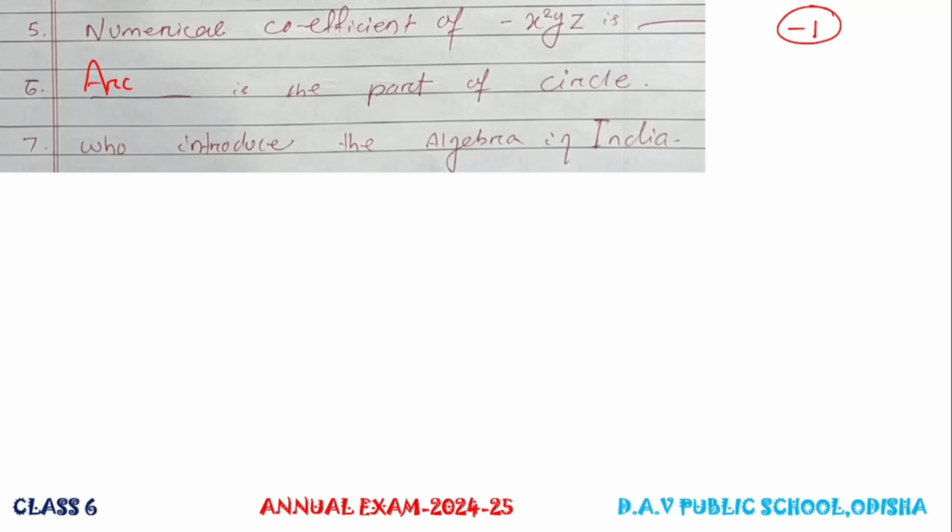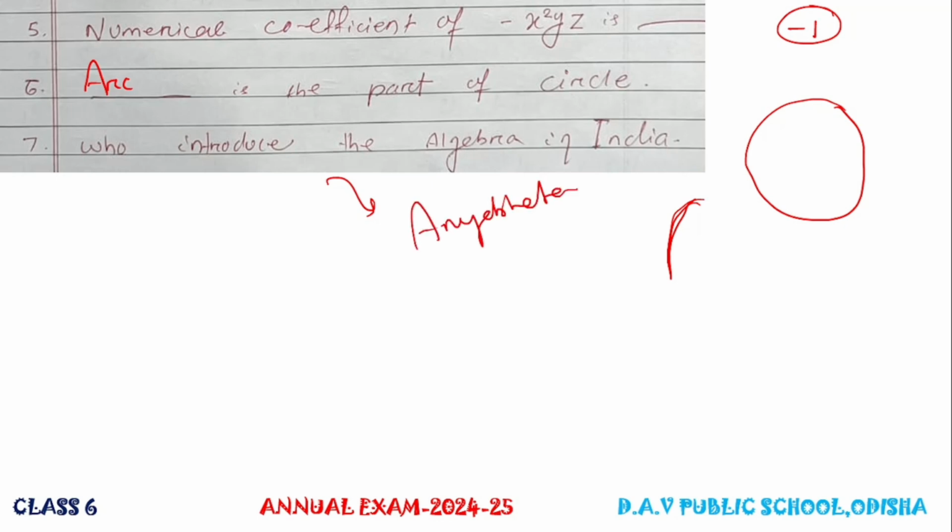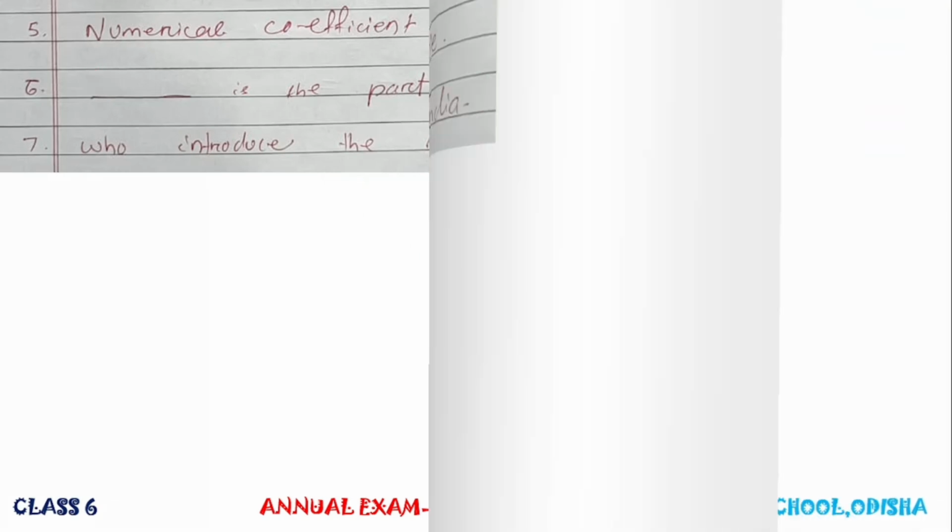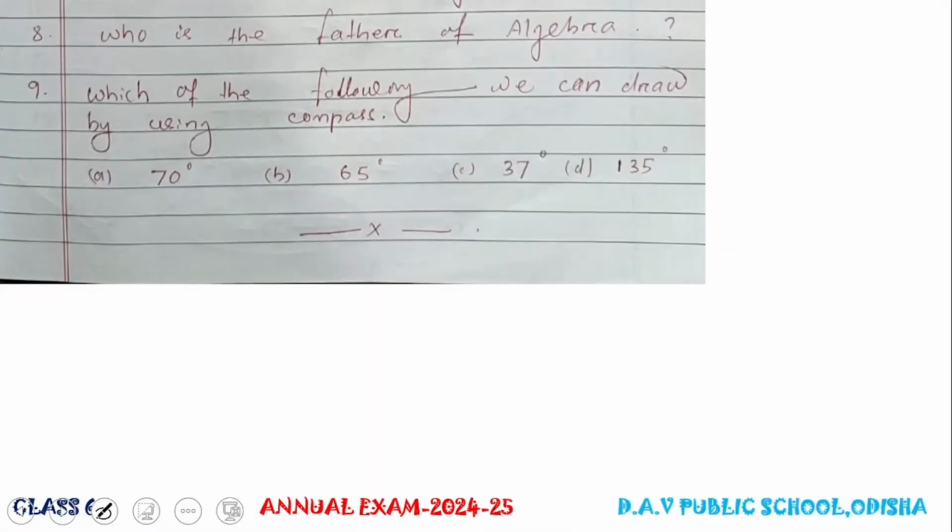Arc is the part of the circle. Suppose this is a circle and this is an arc. Who introduced algebra in India? The answer is Aryabhata. Next, who is the father of algebra? Francis Vieta.